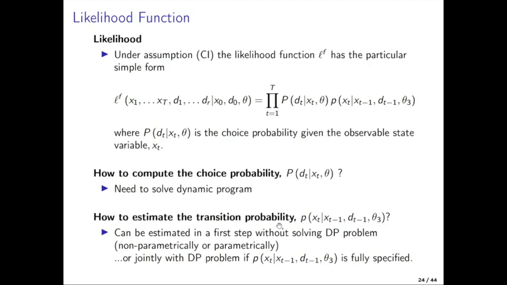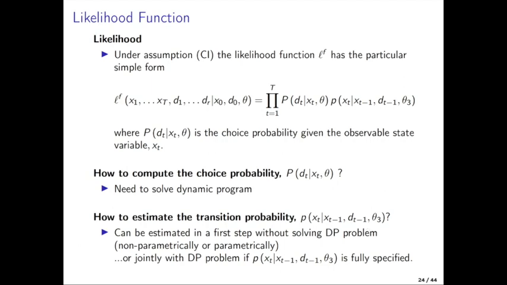Okay, so we will also have to estimate the parameters in the transition density, and we can actually do that completely independent of the choice model. We have data on the Markov process, or the state variable process in this case, and with data on replacements, the decisions, we could actually estimate theta 3 in a first step, irrespective of the remaining parameters of the model.